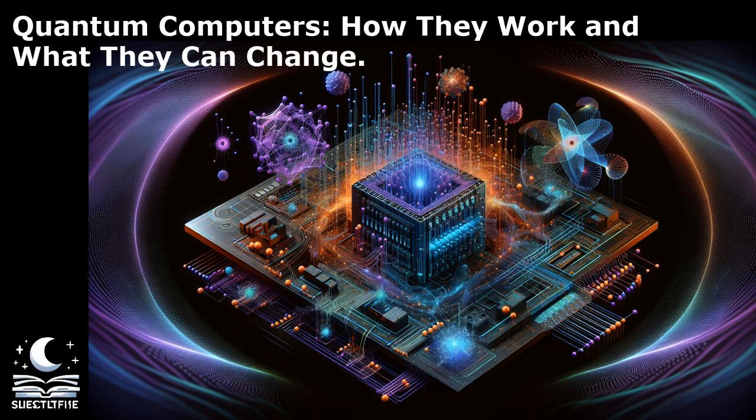Quantum mechanics also introduces the concept of uncertainty, as described by Heisenberg's uncertainty principle. This principle states that the more precisely we know a particle's position, the less precisely we can know its momentum, and vice versa. This inherent uncertainty at the quantum level challenges our classical intuition, but forms the basis of quantum computing's power.